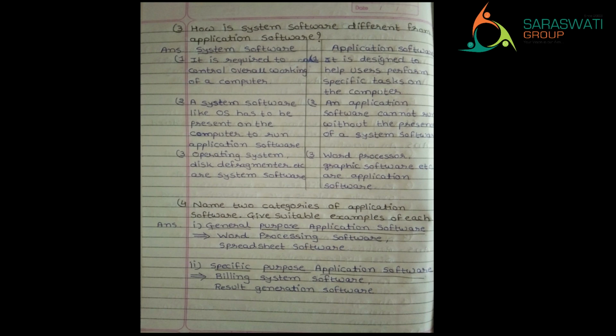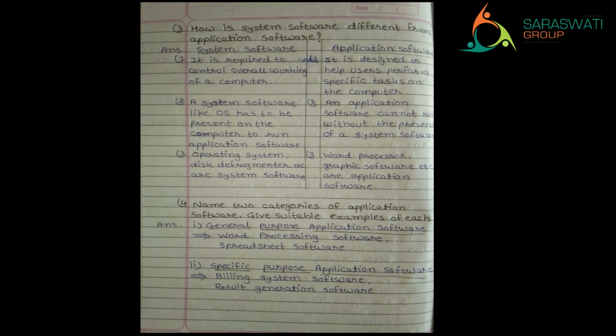Name 2 categories of application software. Give suitable examples of each. Right? We know that application software are mainly of 2 types. One, which is general purpose application software. That means the common people or most of the people are using certain software for some work like MS Word, PowerPoint, या spreadsheet, right? So you can write any of the examples. कोई भी दो आप लिख सकते हो.